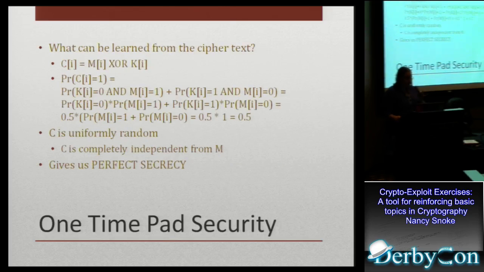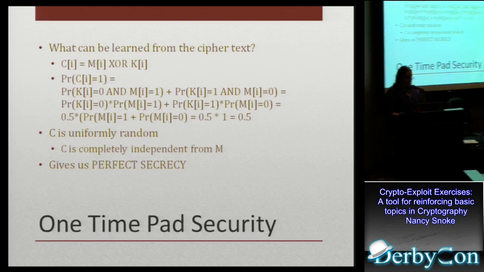And what you can see, if you go through a little bit of math, is that it is going to be perfectly secure. So what I'm doing here is we're looking at the ith bit in the cipher, or any bit, and calculating the probability that that's 1. And if you go through the math, which isn't that bad, because you're just substituting in the fact that that's the message XOR the key, and then knowing that the AND turns into multiplication, and the key is uniformly random, so you get 0.5.